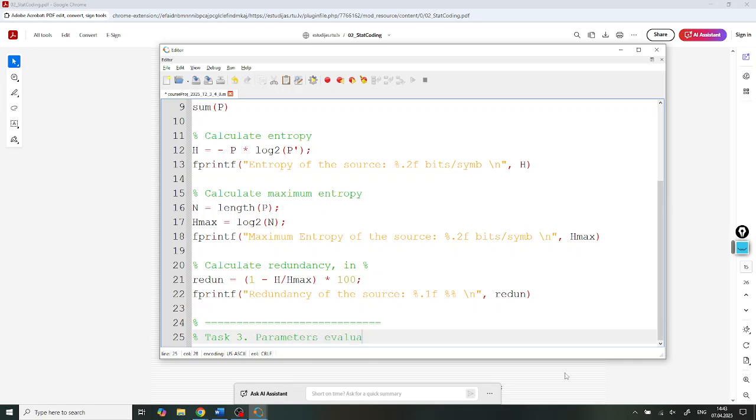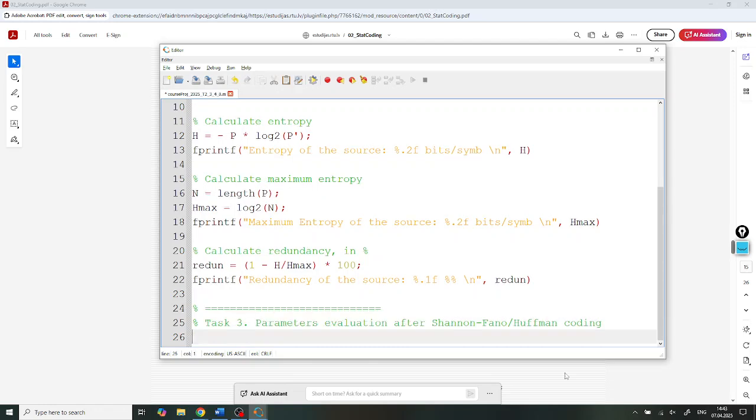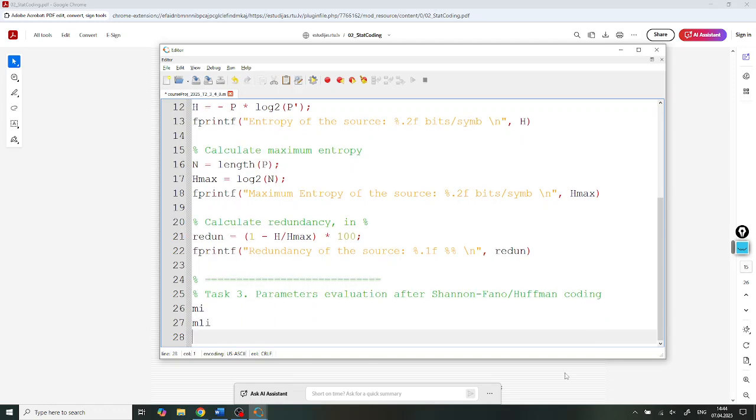parameters evaluation after Shannon-Fano and Huffman coding. So basically we'll have Mi, M1i, M0i, 3 arrays we need to fill in with how many symbols are there, how many ones and how many zeros.